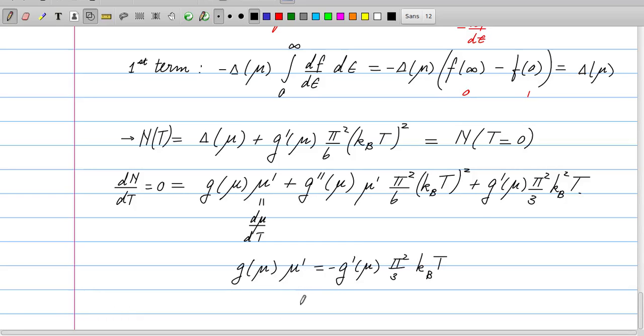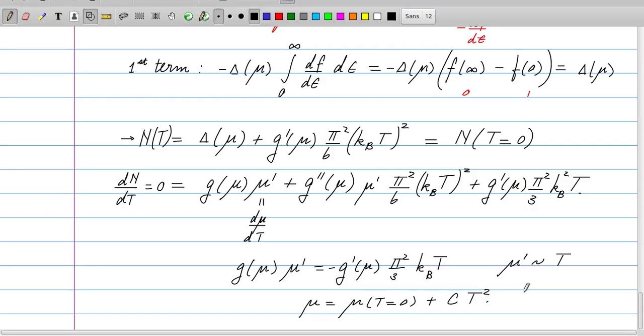So essentially I find that the mu primed is proportional to t, and therefore the mu will be the mu at t is 0 plus some term, some constant, times t squared.